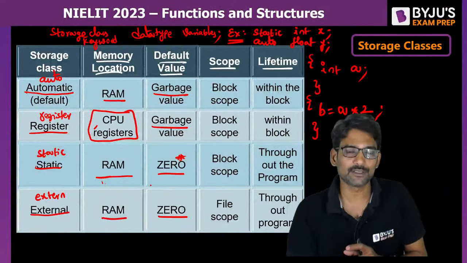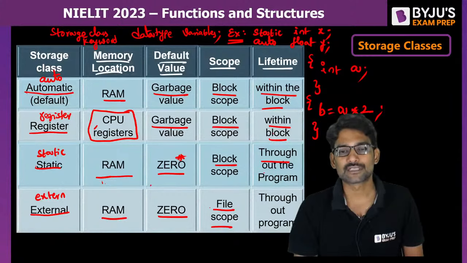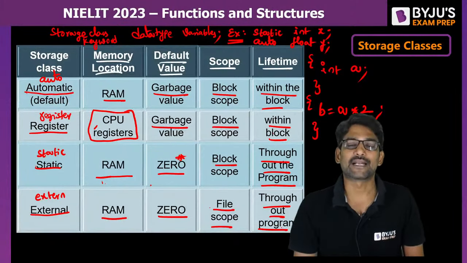And lifetime means when the variable gets created and until what time it exists. Automatic and register storage class variables exist until the control is within that particular block. But static or external storage class variables, once created, exist until complete program execution is over.